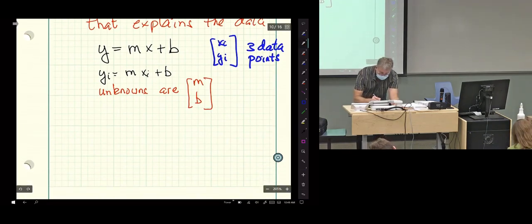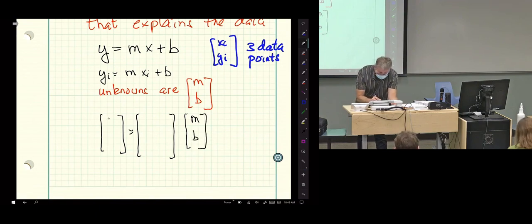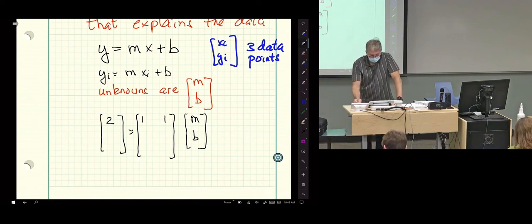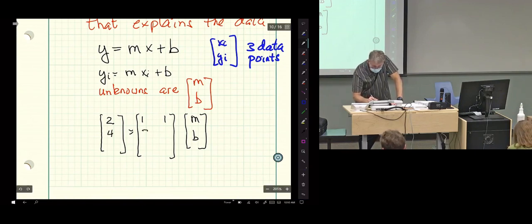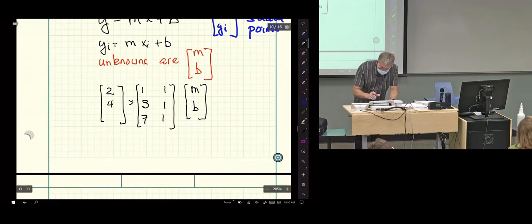So I'm going to write this out once again in the form: y1 was 2, x was 1, then of course what's multiplying the y-intercept is 1. y2 is 4, x was 3, and my y-intercept is 1, and y3 was 7, my x was 7, my y-intercept is 1. Sorry, y3 was 5.